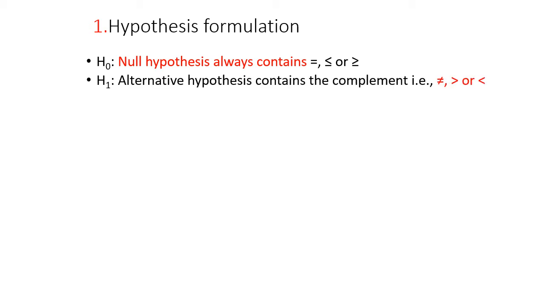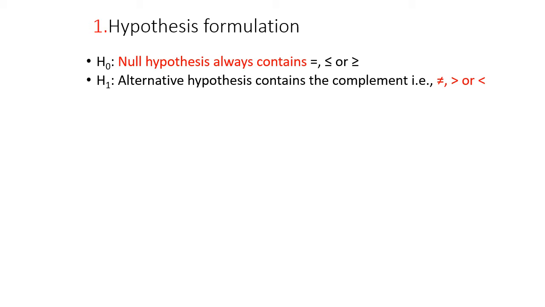Let's get to an example where you will be able to formulate a hypothesis from a question. So H0, that's your null hypothesis. It always contains the equal sign, or an equivalent sign. So we have an equal sign, we have less or equal, or greater or equal. Then the alternative hypothesis, which is the complement, the opposite.